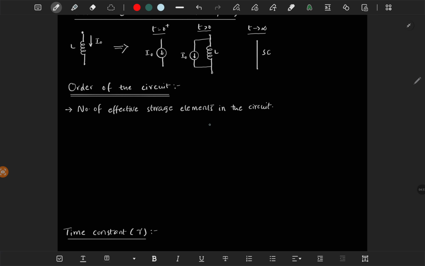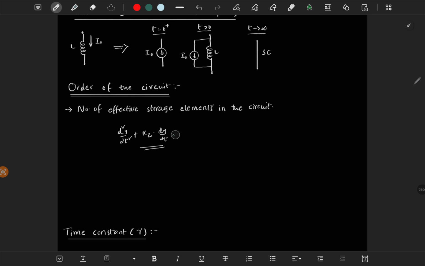If you remember from your engineering mathematics, from differential equations, the order of a differential equation is the highest derivative order of that equation. Suppose you have some d square y by dt square plus some constant times dy by dt plus some constant equal to 0, then this is a second order differential equation.